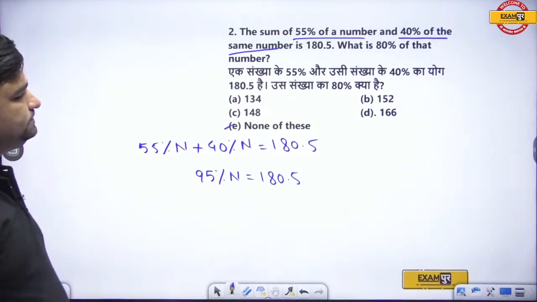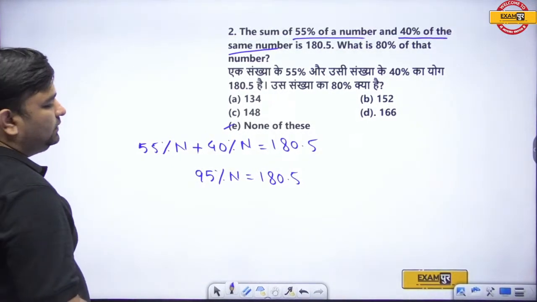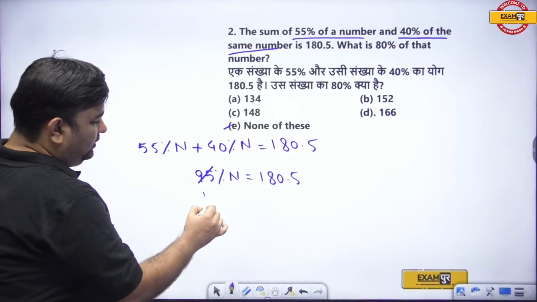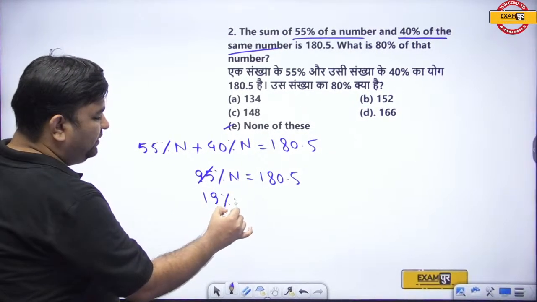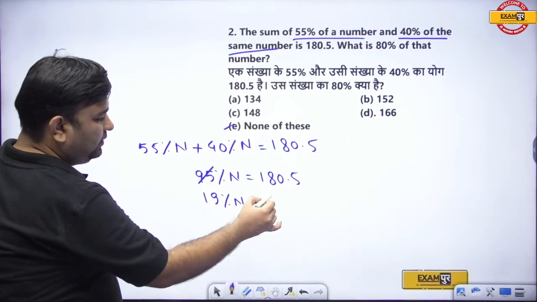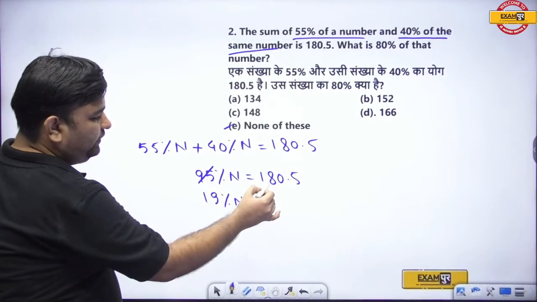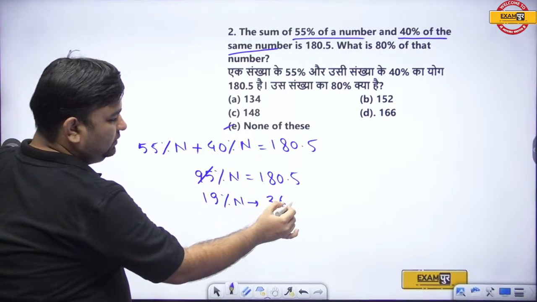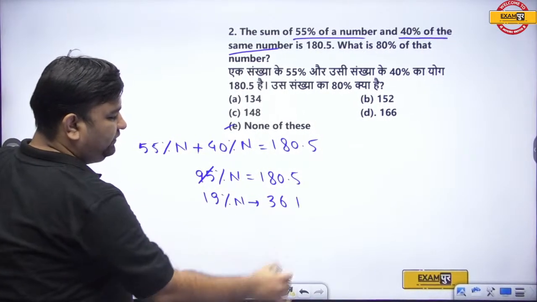Okay. Simplify by 5. 19% of the number is 36.1.